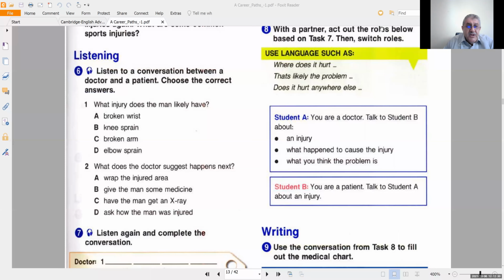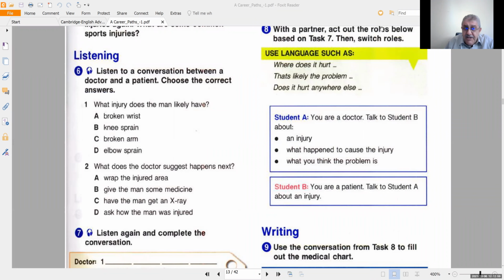So if you look at question number 1, what injury does the man likely have? So this patient is complaining about an injury in his body. Is it a broken wrist, a knee sprain, a broken arm, or an elbow sprain? So that's the injury. Number 2, what does the doctor suggest happens next? What is the next step?